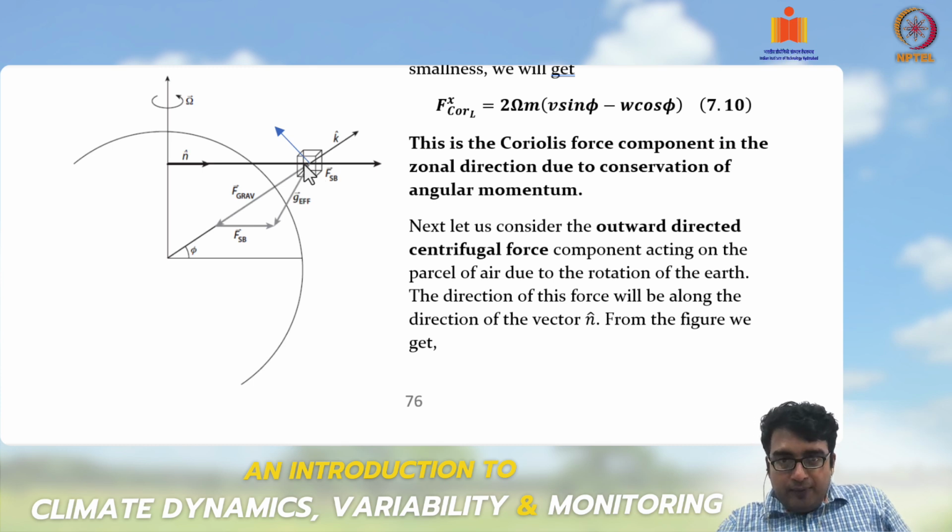The centrifugal force, the pseudo force, is directed away from the axis of the earth, along the vector connecting the axis of the earth to the air parcel. So, we drop a 90-degree vector from the air parcel centroid to the axis of the earth, and the direction of the centrifugal force is in this direction.